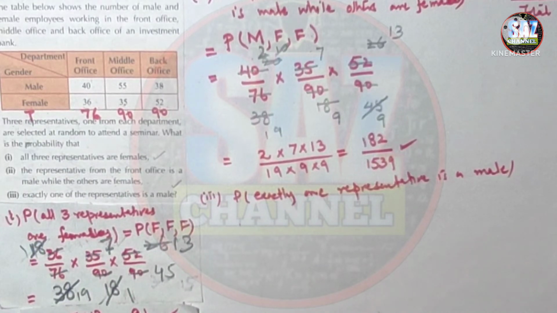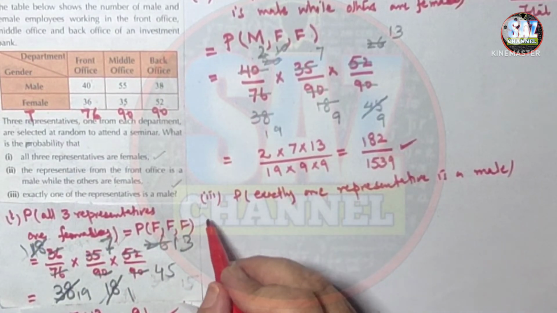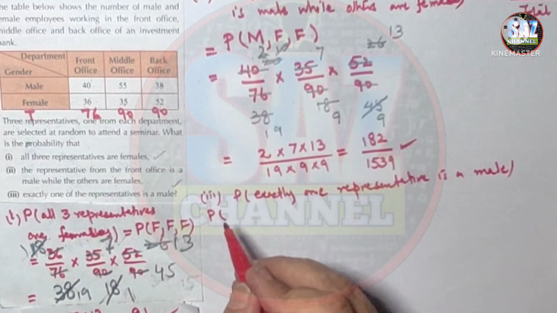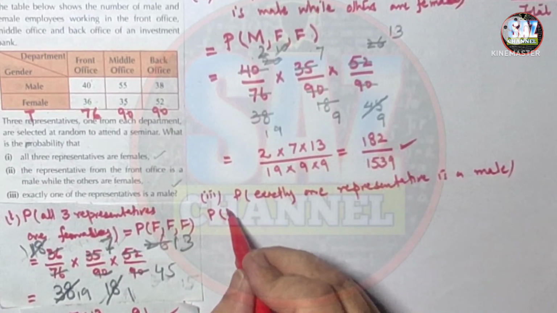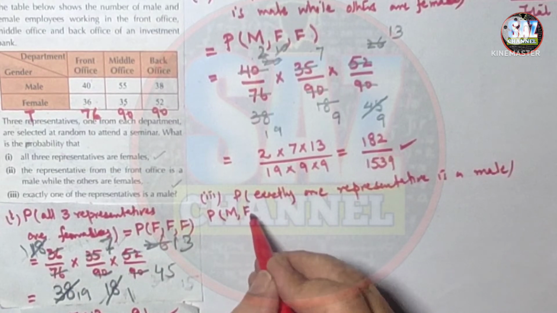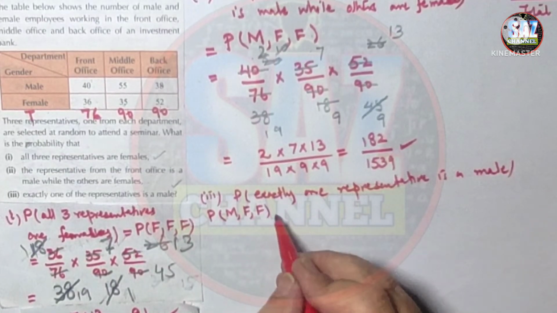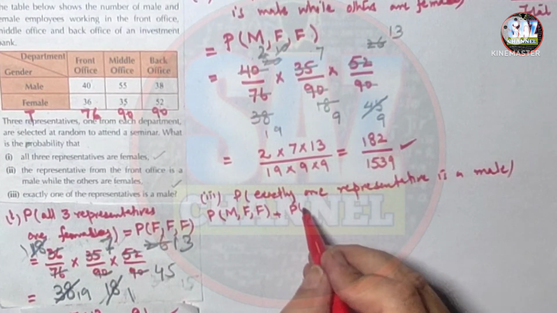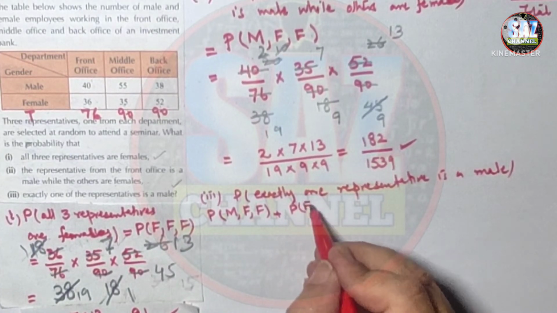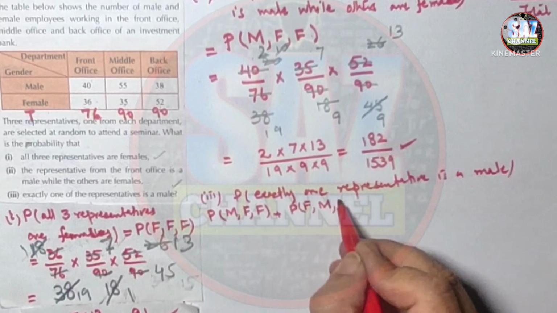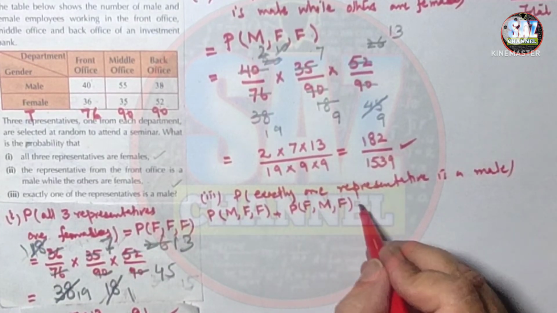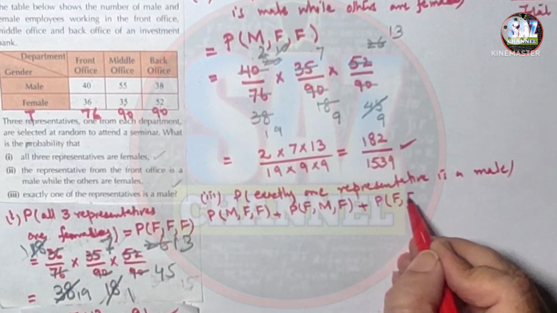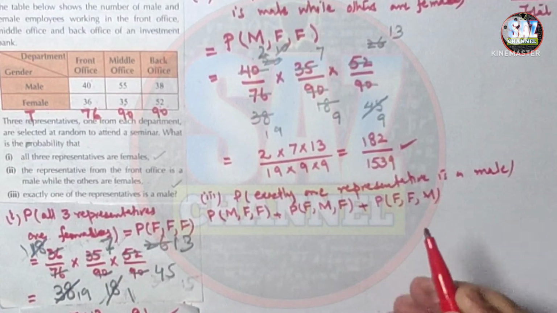So first let me write down all of the choices: probability of male and female plus probability of what? Female, then middle office is male, and then probability of female from the first, female from the second, and male from the third.